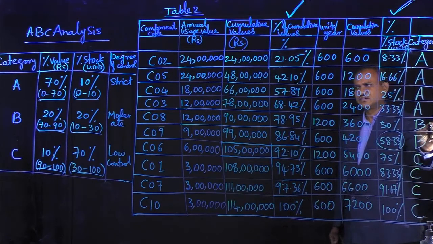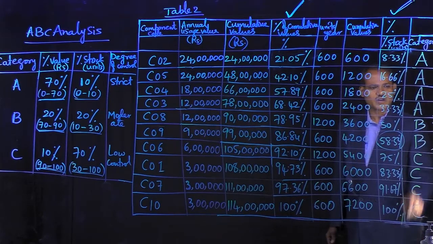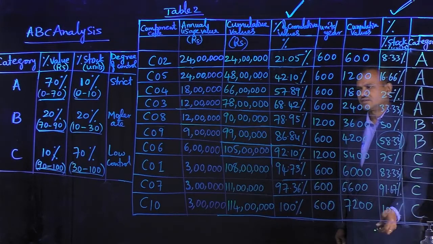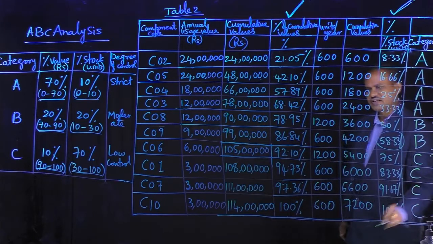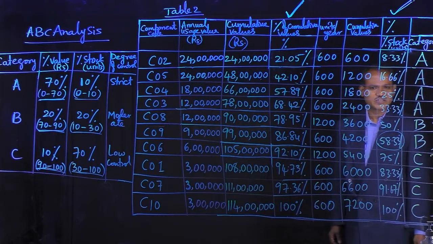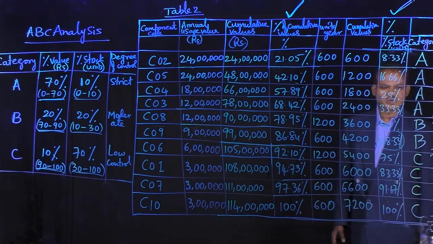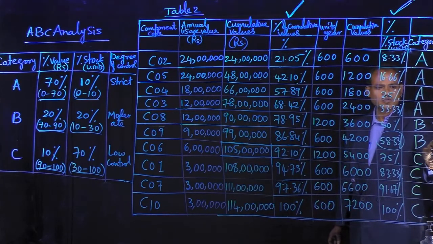Similarly, component numbers 8 and 9 come under moderate control, and the last four components, C06, C01, C07 and C10, belong to the C category, which needs low control. Strict control, moderate control, low control. Okay.